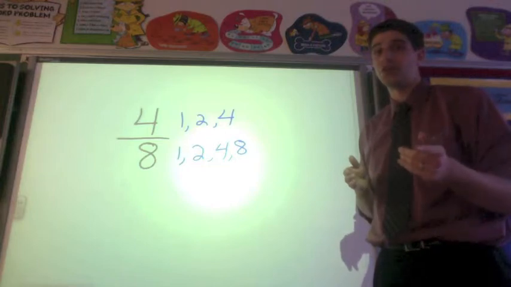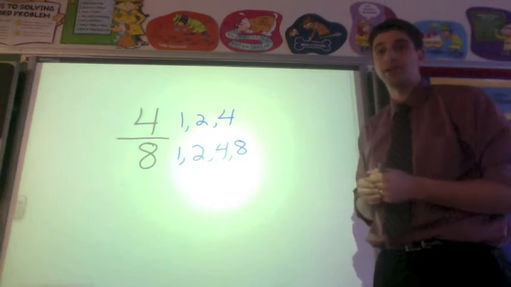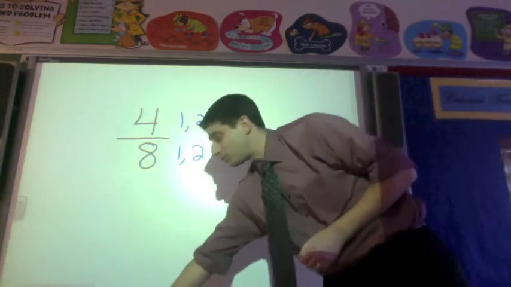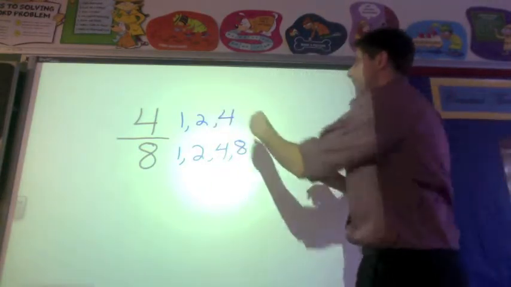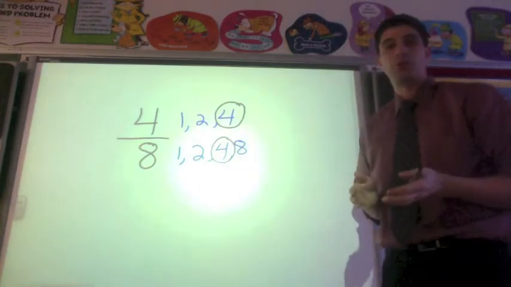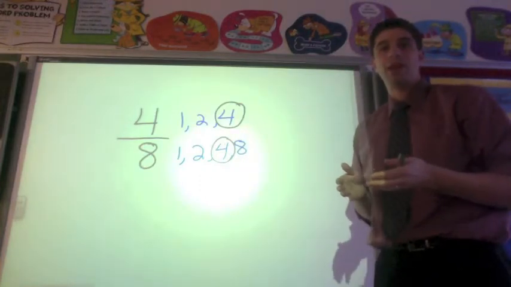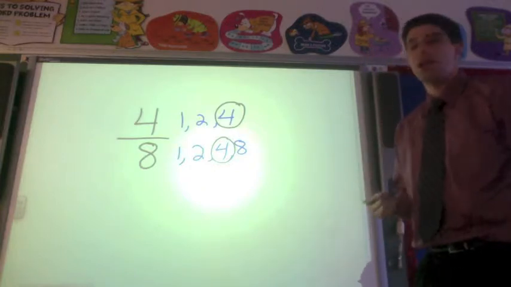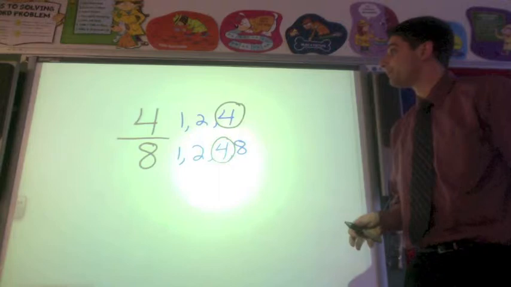If you guessed 2, look again. If you guessed 4, you're right on. The greatest common factor is 4. I like to circle the greatest common factors. That way I know what they are. I'm not done yet with this problem.